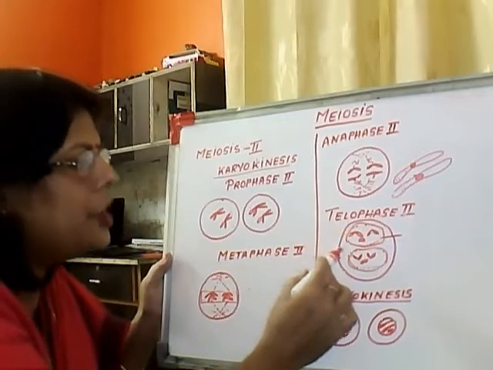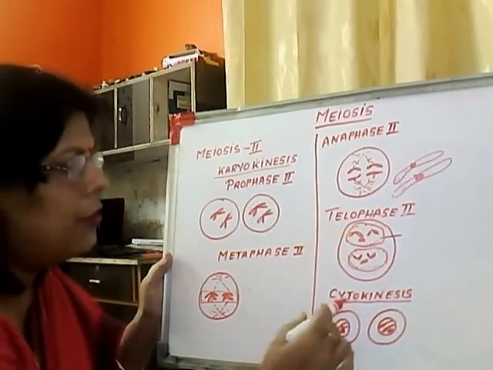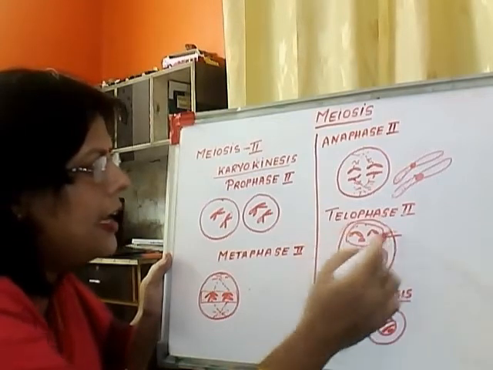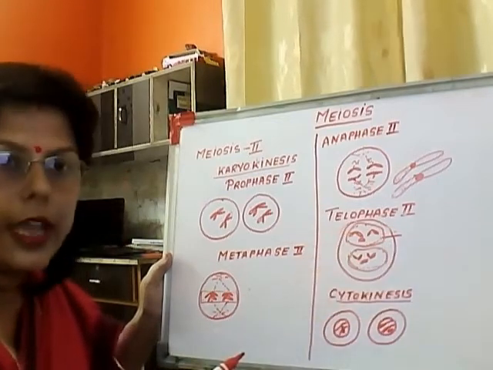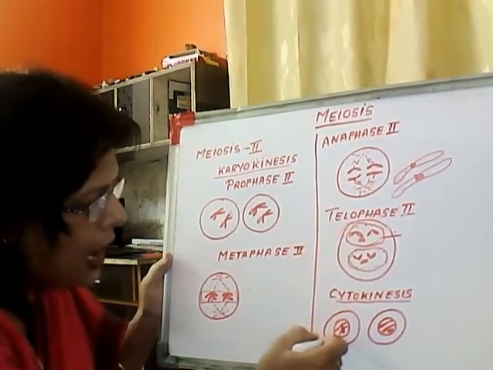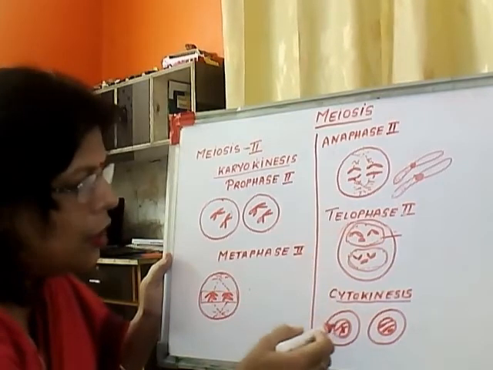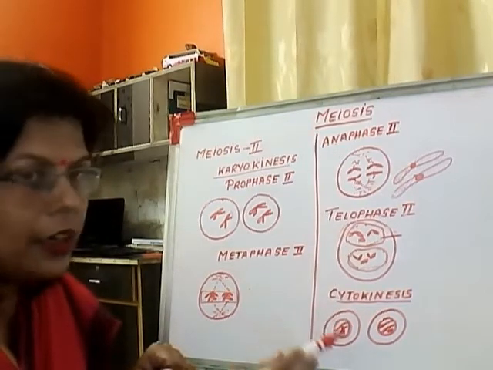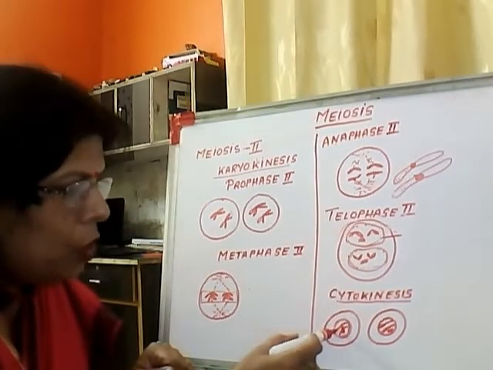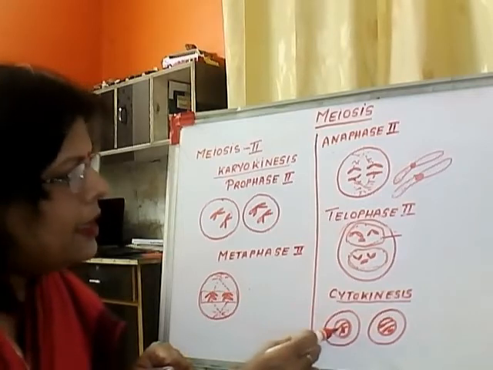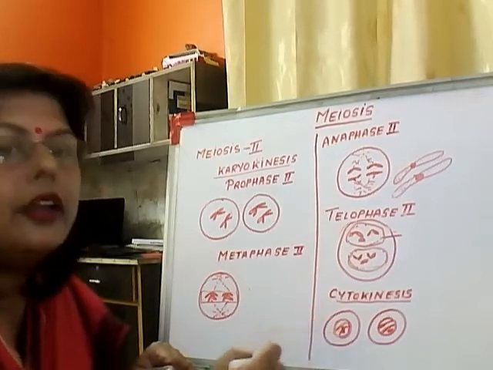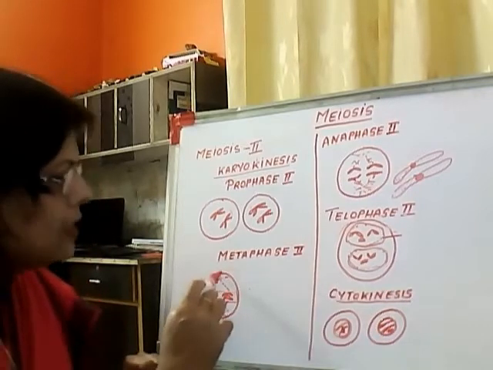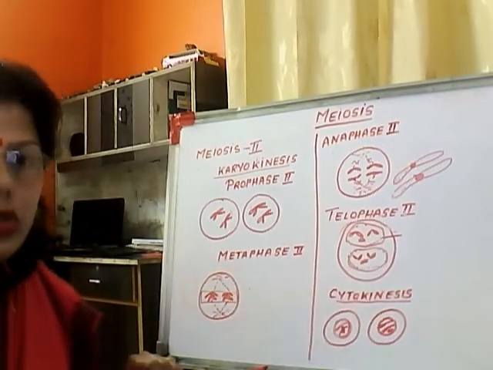After that, the division of the cytoplasm takes place, which is known as cytokinesis, and ultimately this one cell is divided into two cells, and each of them has a nucleus with the chromosomes. Here is one difference: each of them has only one thread-like structure. So in this way, from one cell two cells have been formed.